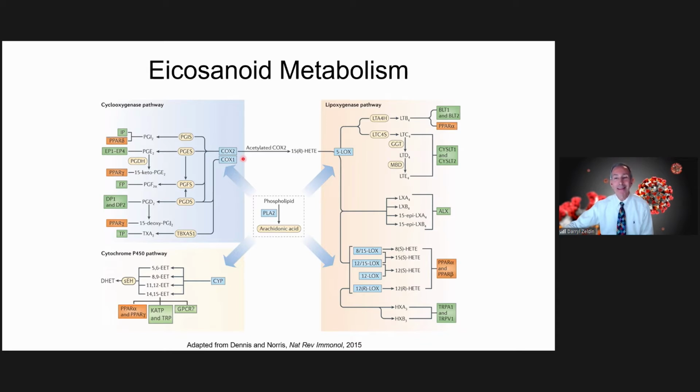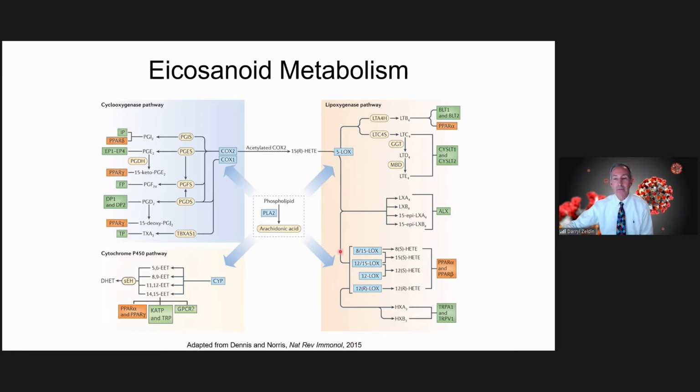Cyclooxygenases 1 and 2 and secondary synthases produce a series of prostaglandins that have a variety of important bioeffects. Cytochromes P450 generate compounds called epoxyeicosatrienoic acids, or EETs, which are further metabolized to dihydroxyeicosatrienoic acids, or DHETs, by soluble epoxide hydrolase.